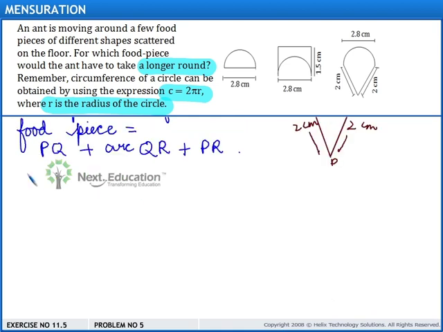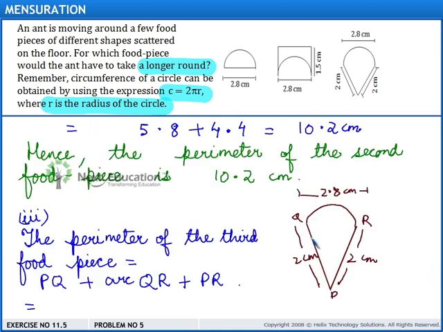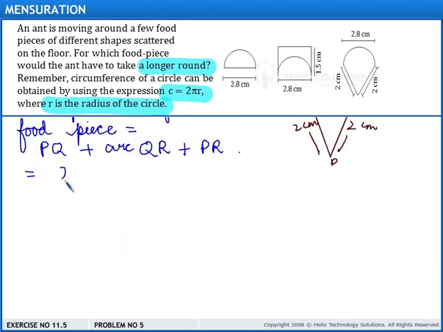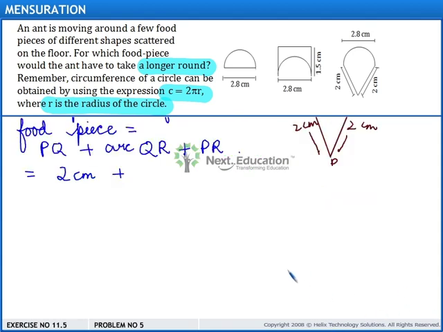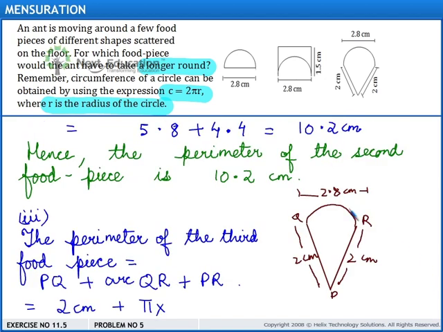Now PQ is given as 2 centimeters. RQR is a semicircle, and we have been given that the circumference of a circle is equal to 2 into pi into r, where r is the radius of the circle. So for this semicircle of diameter 2.8 centimeter, the perimeter will be pi into r, where r is 1.4 centimeters.